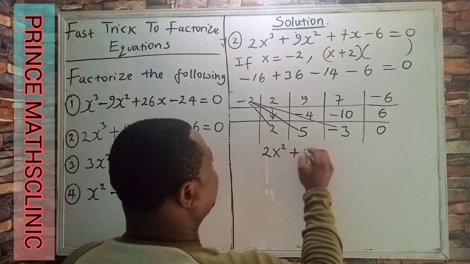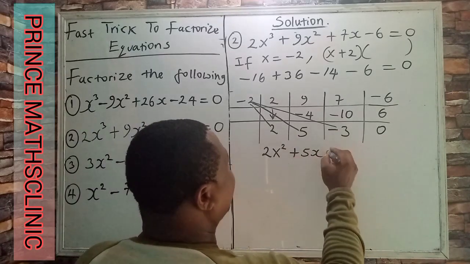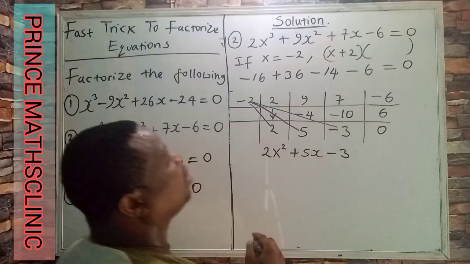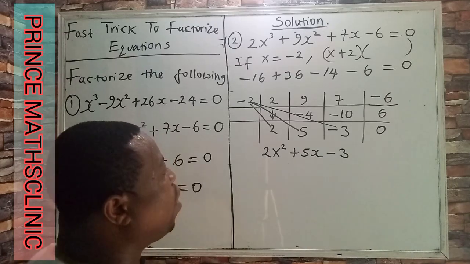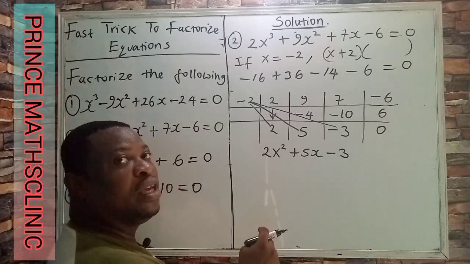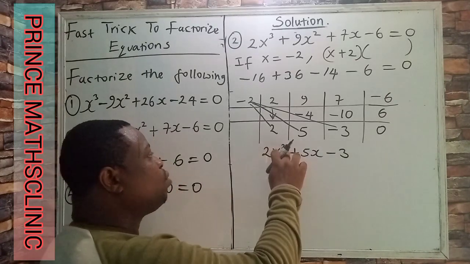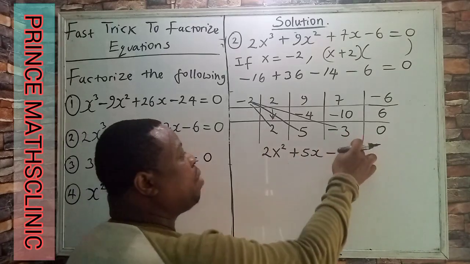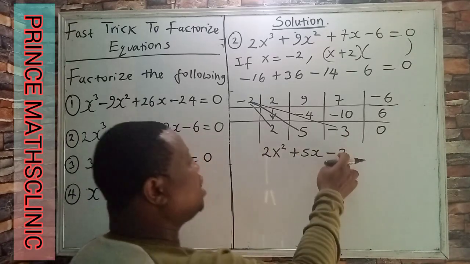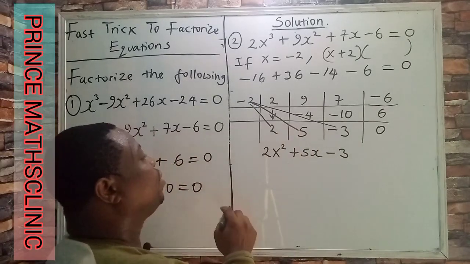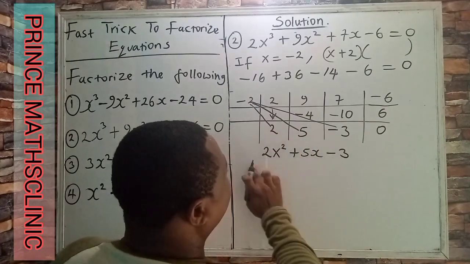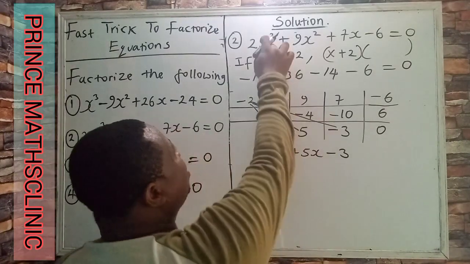Then positive 5x. Then minus 3. Of course, you know that the powers of x range from 2, 1, and 0. x to the power of 0 gives you 1. 1 times 3 gives you 3. Right? So, this is the second factor of this.